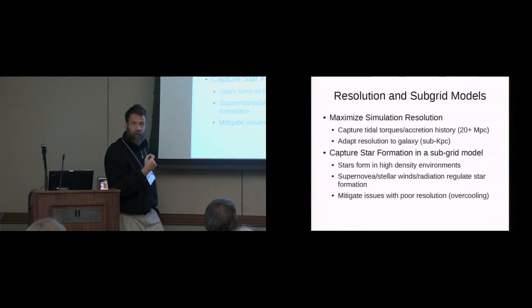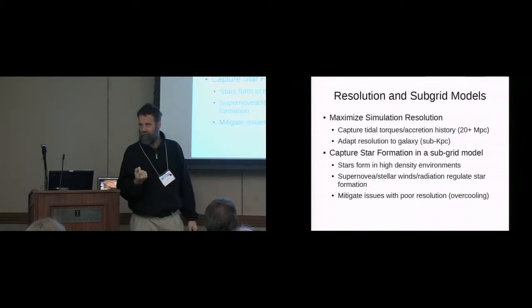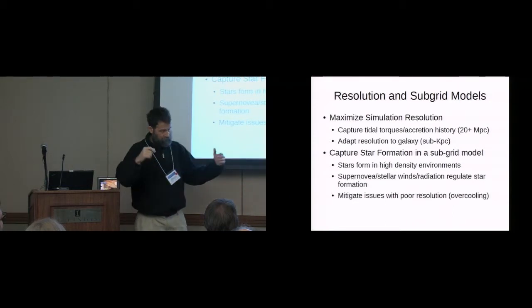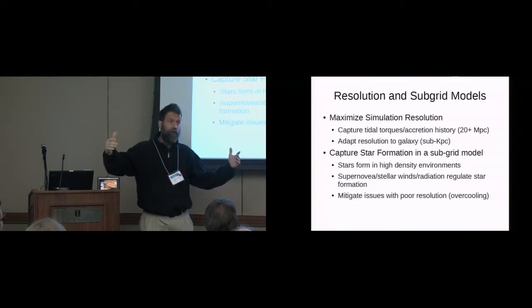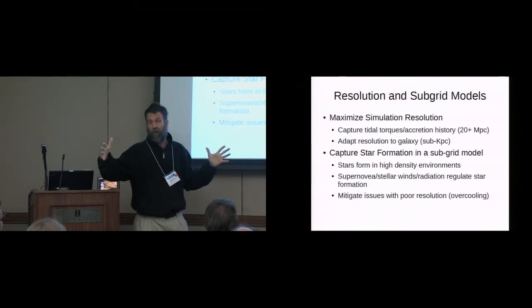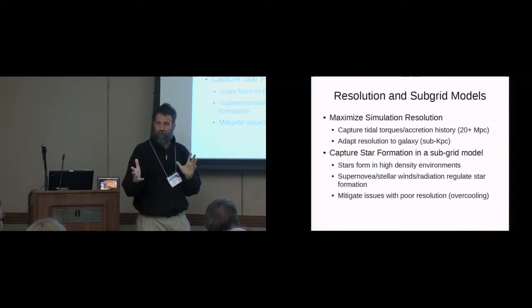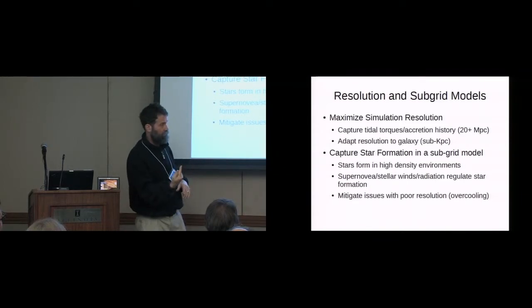We need as much resolution as we can get, given current technology. On the large-scale structure side, we need a simulation volume that's roughly 20 megaparsecs, and that's kind of a minimum because it's from those kinds of scales that tidal torques can spin up our galaxy. That's where the rotation of the galaxy comes from.